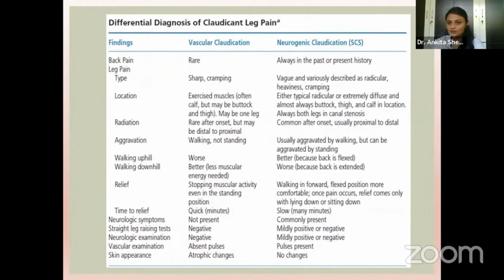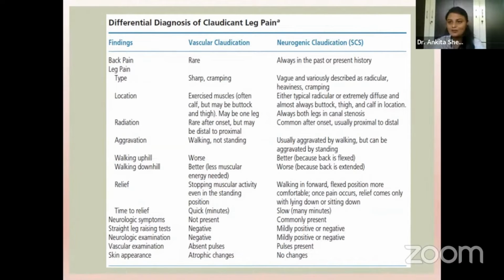Radiation is very common in neurogenic claudication, but it is generally from proximal to distal. Aggravation in vascular claudication is walking but not standing, whereas in neurogenic claudication, aggravating factors are any extension type of activities, which are walking or standing, and the patient is better with any kind of flexion activity.